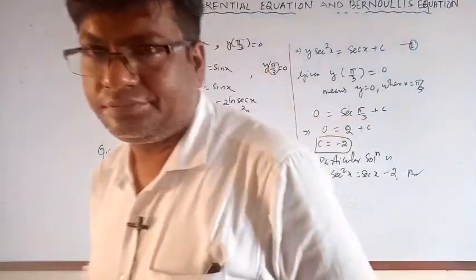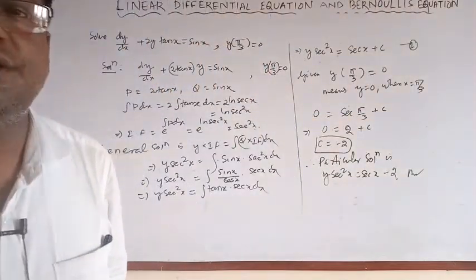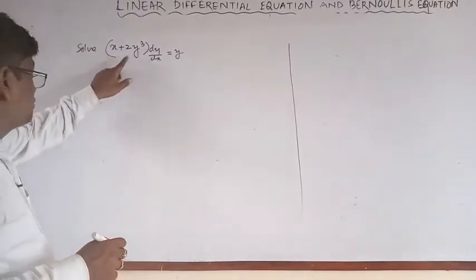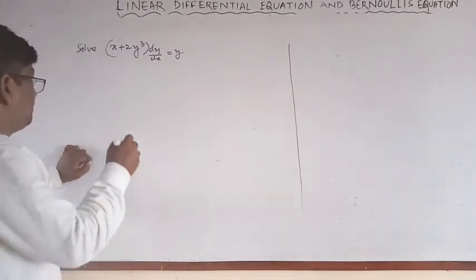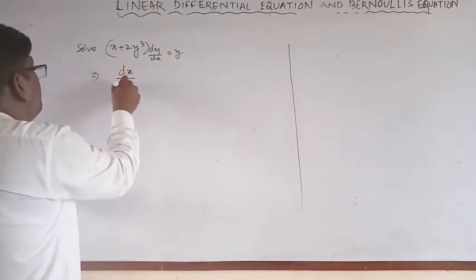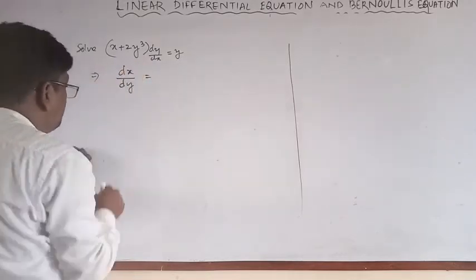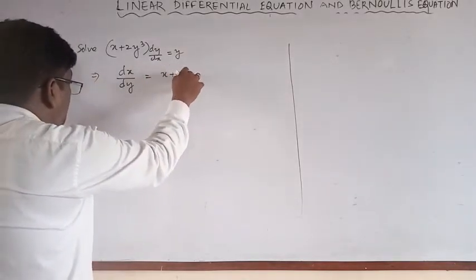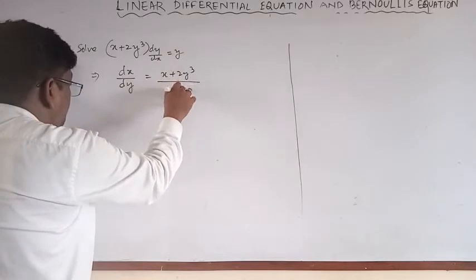Okay, now one more question. Now solve this: x plus 2y cubed times dy by dx is equal to y. So dx by dy is equal to x plus 2y cubed divided by y.